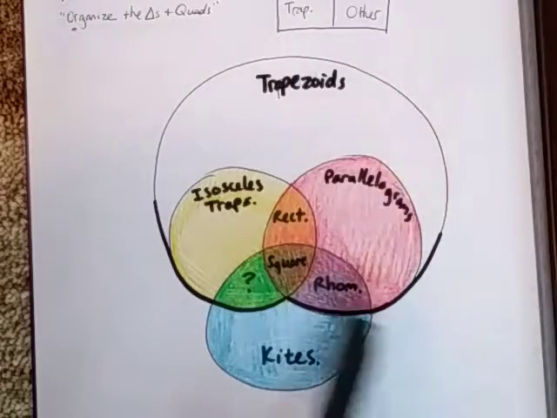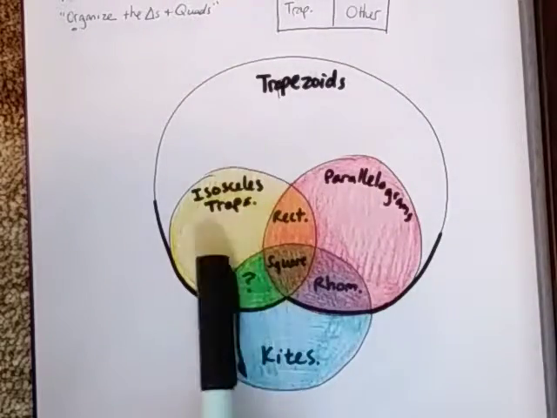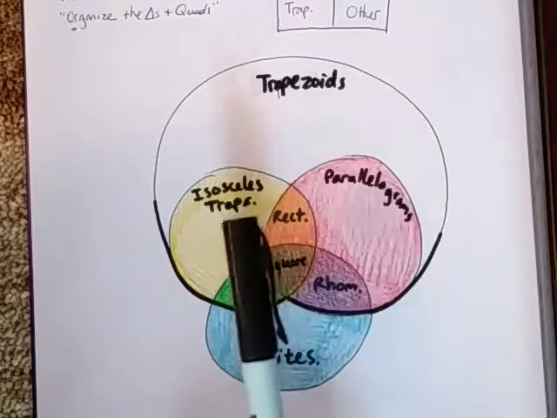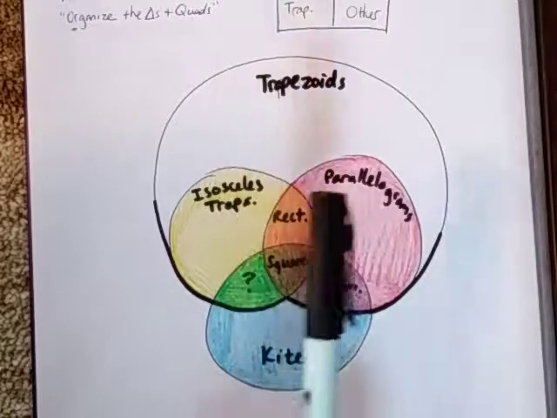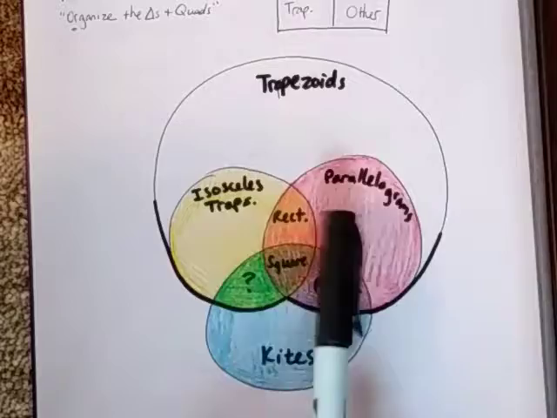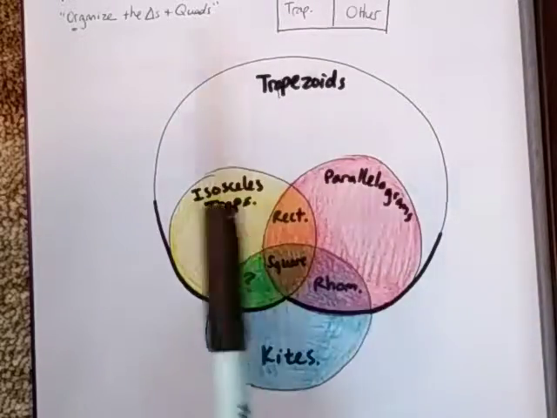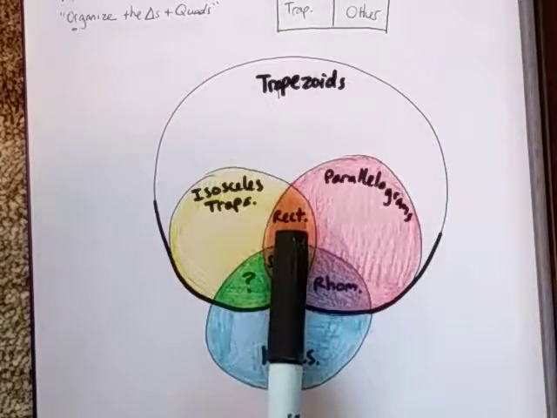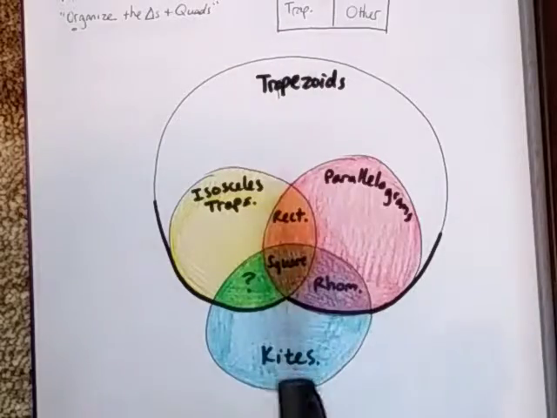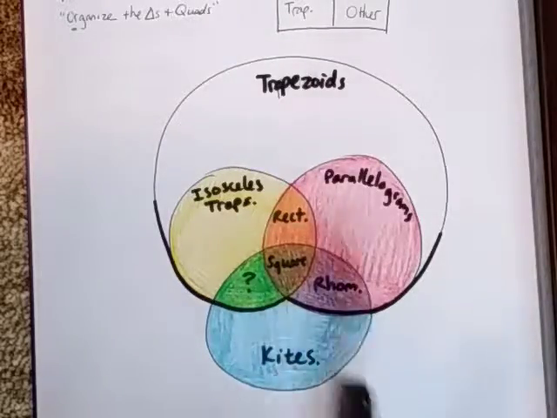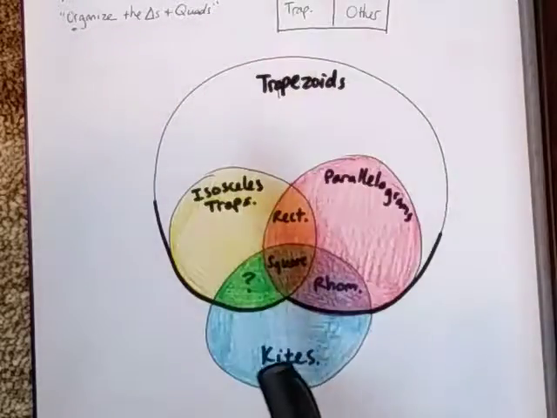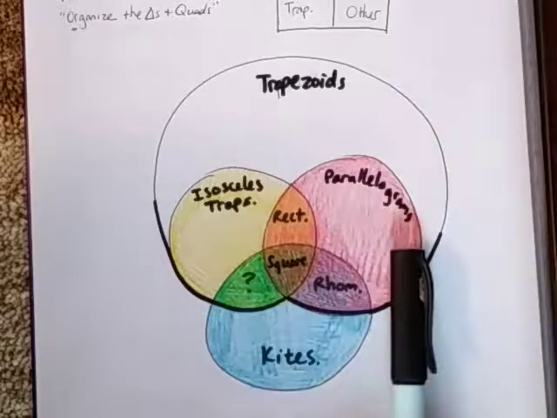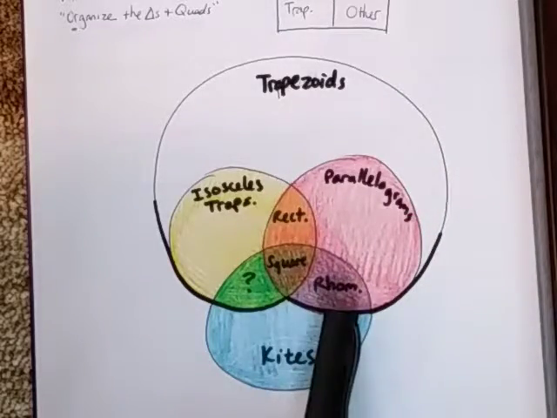Then, what else I don't like about it? So first off, some of these make sense to me. If I have an isosceles trapezoid and a parallelogram, first of all, both of them are in the realm of trapezoids. But if I have them both, that's when I have a rectangle. Then, I also have kites, which are not directly classified as trapezoids. When I have a kite and a parallelogram, that's when I have a rhombus.